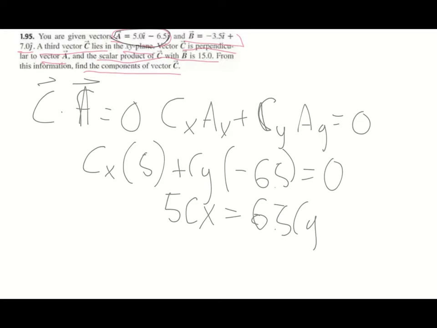I'm going to divide both sides by 5. So CX is going to equal 1.3 CY. Well, it's not real useful to me yet, but it's going to be when I set up my other scalar product from the other piece of information that I'm given. So again, we know that CX equals 1.3 CY. I'm going to carry that around to get the next part of the answer.